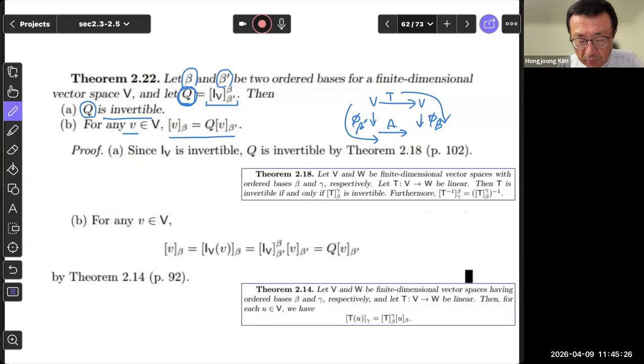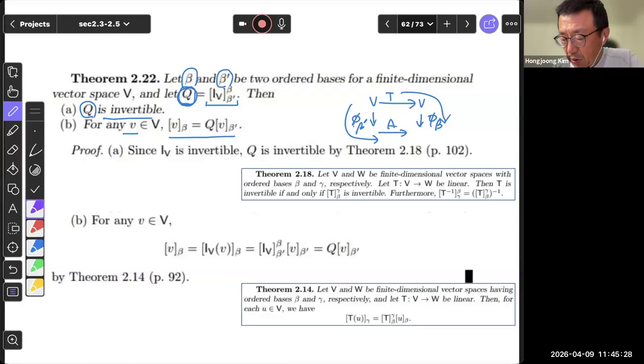In this theorem, this T is just the identity mapping. This is just a special case, so we can easily derive this fact.